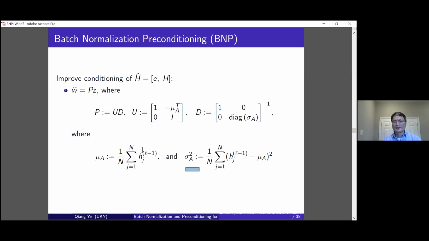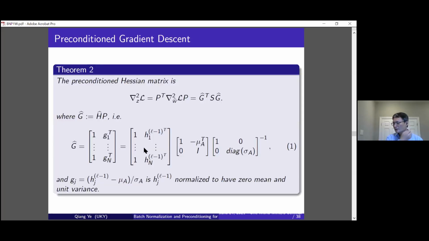All right. So if I use this P as preconditioning, then with this transformation, the Hessian changes to this. If I combine P with H hat, call it G hat, it's just G hat transpose G hat. Now what's G hat?